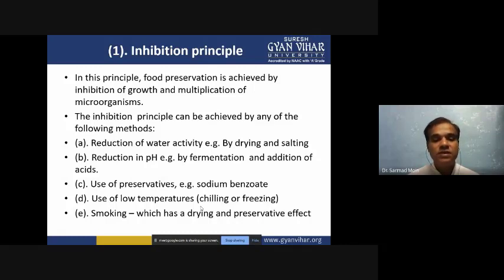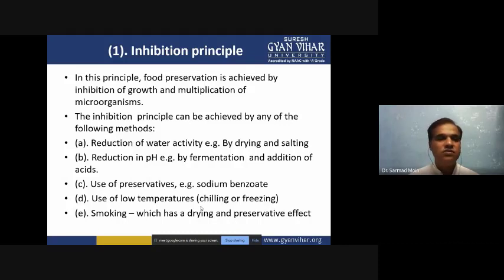Then use of low temperature: we keep the food in low temperature so that microbes will not produce any enzyme and will not spoil the food item. Then smoking, which has a drying and preservative effect. When we do smoking, the food will be preserved or dried, and stored for a longer duration.